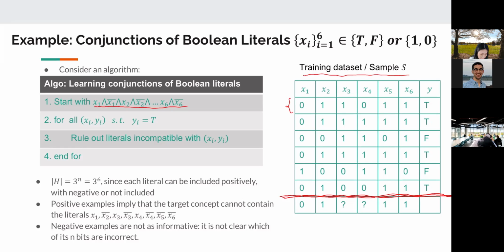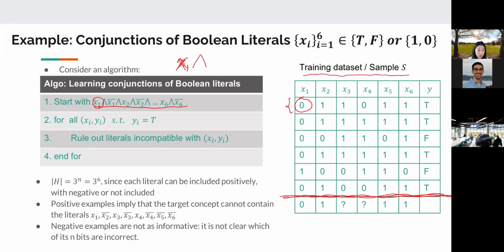For example, if x1 is within this expression, then it won't be true, because x1 is false. If you have one Boolean variable in your expression that is false, then the entire expression won't be true. So you can rule out x1.